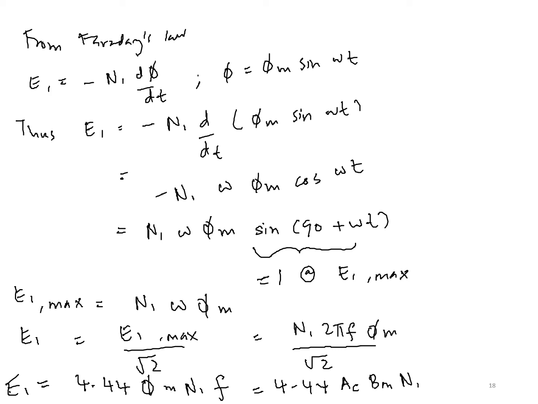If we refer to the primary, the number of turns should be referred to the primary side and multiplied with the frequency. So this is the equation for the EMF of the transformer.